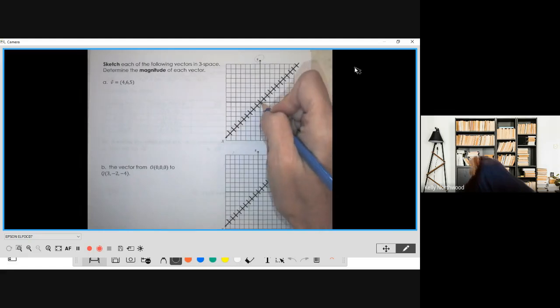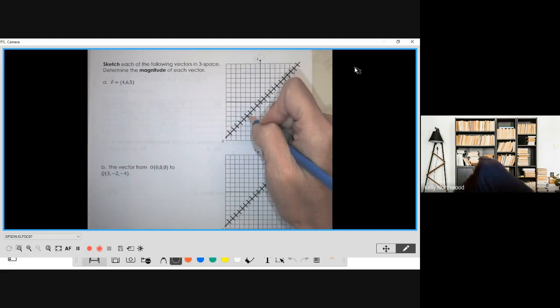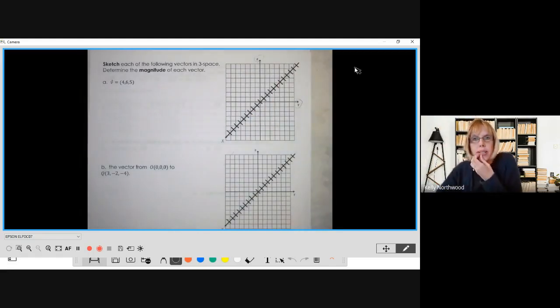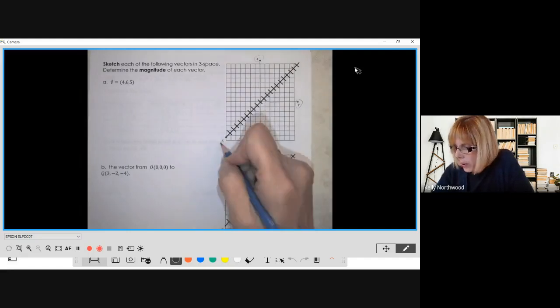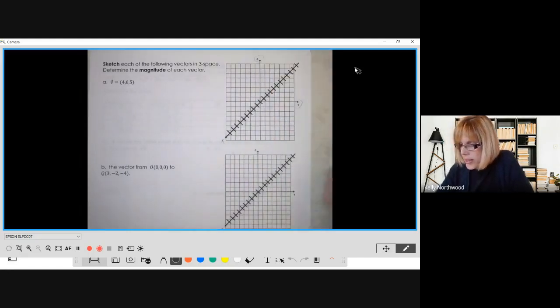Then I started at 0, and every, I think it was 4 millimeters, I drew one of these tick marks. If you're going to have to draw one for yourself today for the assignment, there's one vector in a box that you have to draw. Okay, so that's how I made my positive X, positive Y, positive Z axis here.